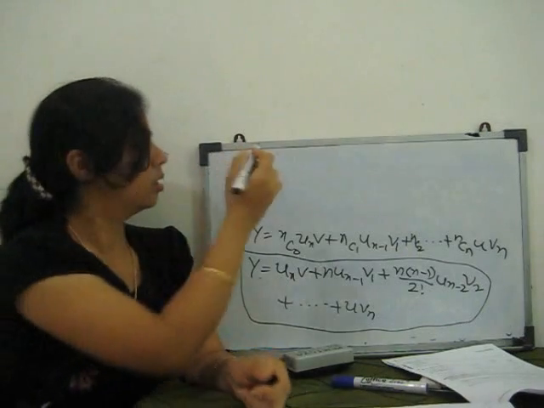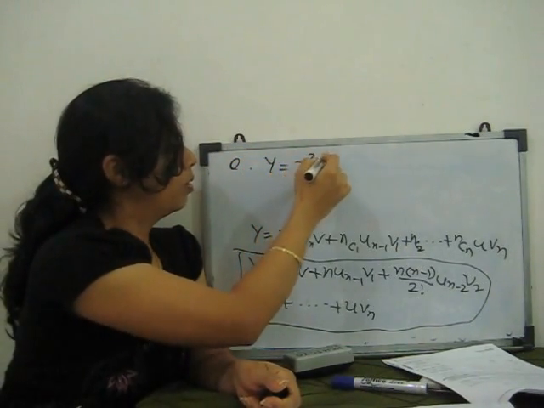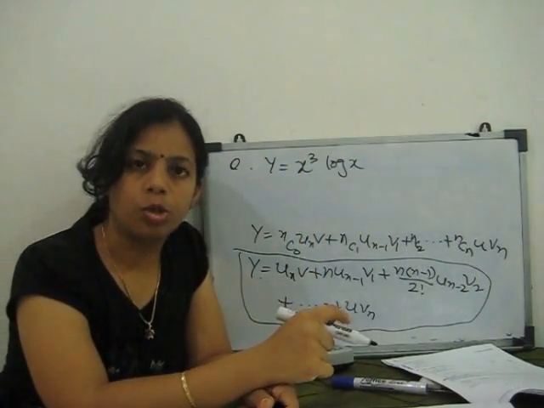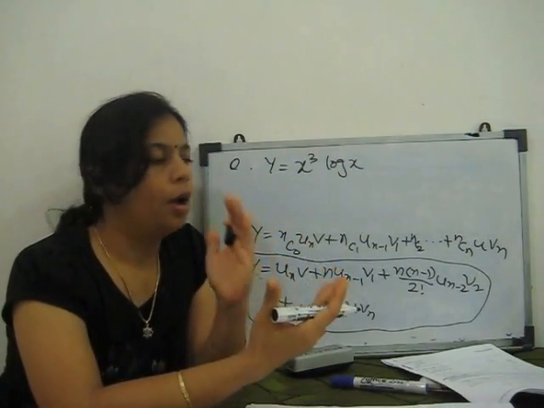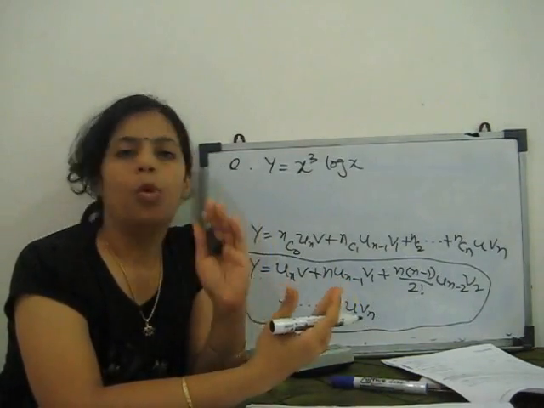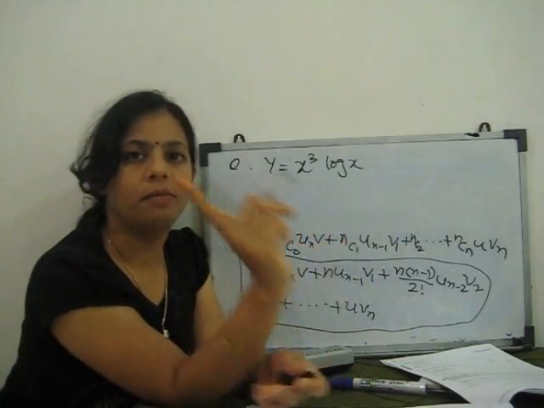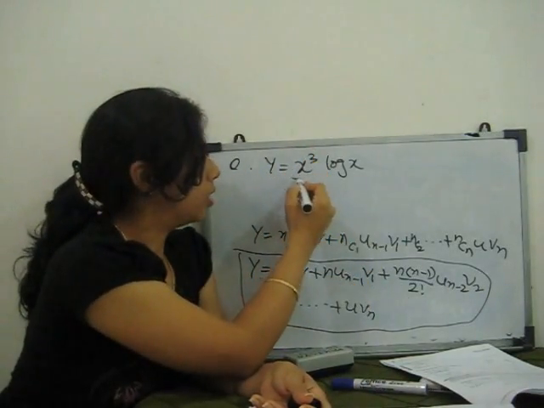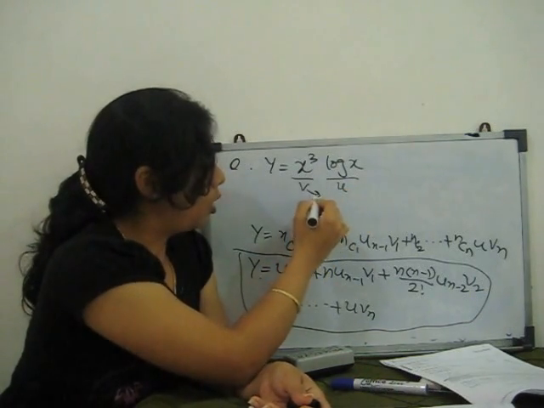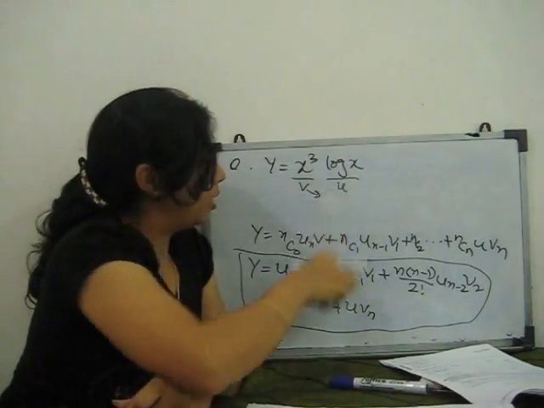Okay, the question is y is equal to x cube log of x. There are two functions u and v, both functions of x, but which is u and which is v?